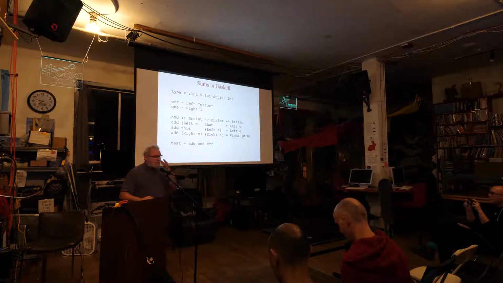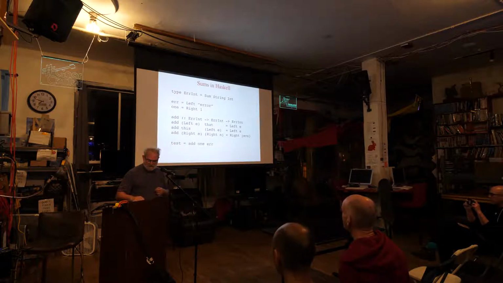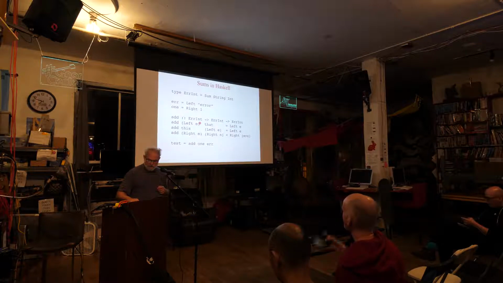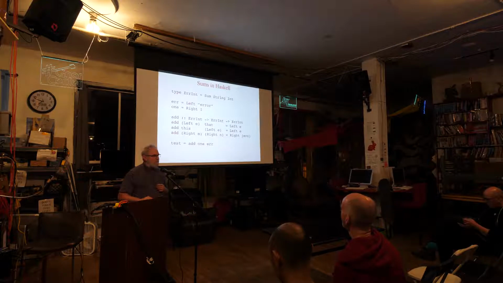And then to do the same example, we just define ArrInt to be the sum of String and Int, and then error would be Left of error, 1 would be Right of 1, and then the way add works is it takes two ArrInts and gives us an ArrInt. If the first one is a Left of E, we return Left of E. If the second one is a Left of E, we return Left of E. Which of these fires is determined by the order in which we write down the equations.